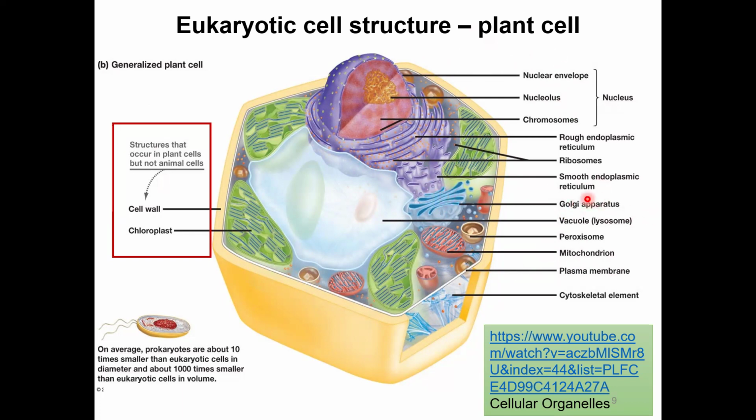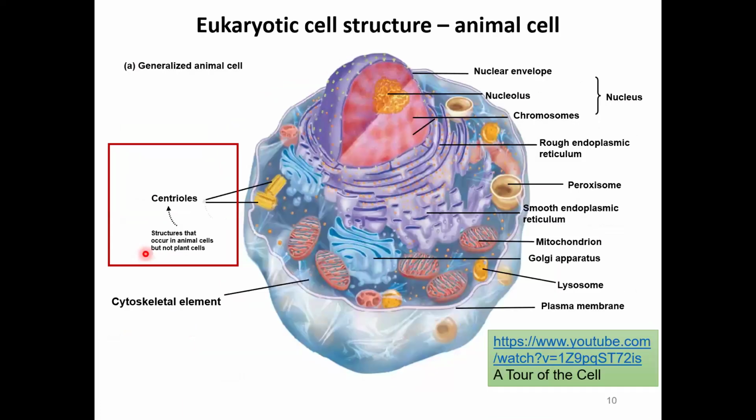You should be able to recognize it as the Golgi apparatus. Or if it's like this, it should be the chloroplast, depending on the question itself. These two are specific to plant cells, not animal cells. So the cell wall and the chloroplast.